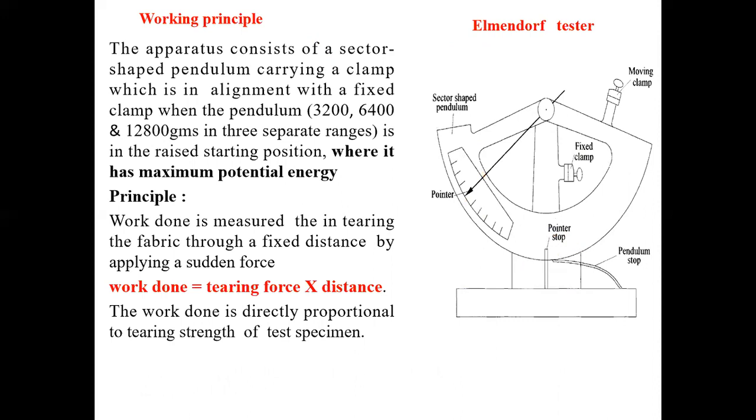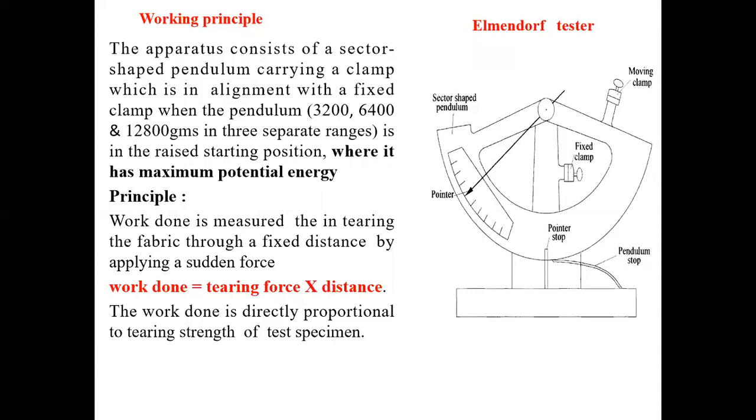One clamp is fixed onto the frame, so this is the fixed clamp, right? And this is the moving clamp. This moving clamp is attached with the pendulum. This pendulum can move in this direction, that means it can swing in this way, right? And see, this is the scale and this is the pointer. The tearing strength of the fabric can be directly read off from this scale.